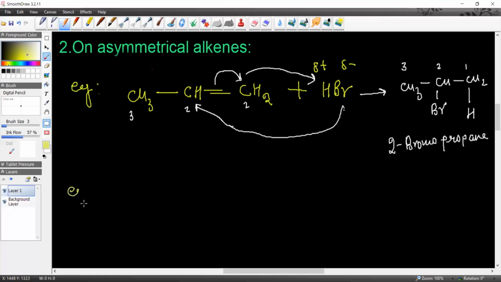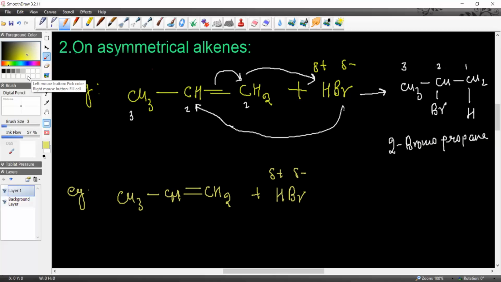Let's write propene one more time: CH3 single bond CH, single bond CH2, with a double bond, plus HBr. In a similar manner, this is a partial positive charge, this is a partial negative charge.